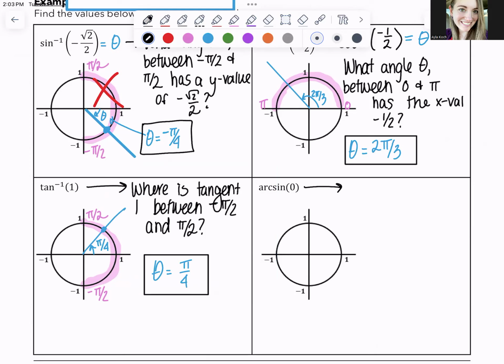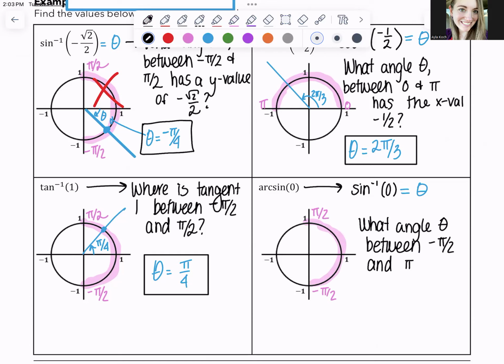Finally, we have arc sine of 0. This is just sine inverse of 0. Again, this outputs an angle. So we're asking what angle theta, between negative pi over 2 and pi over 2, has a y value of 0?